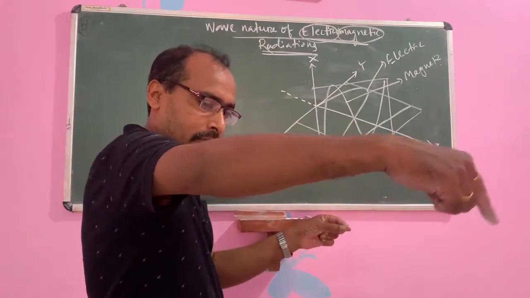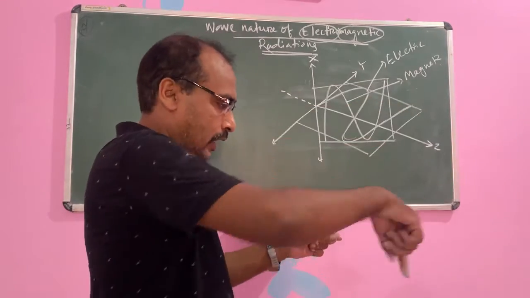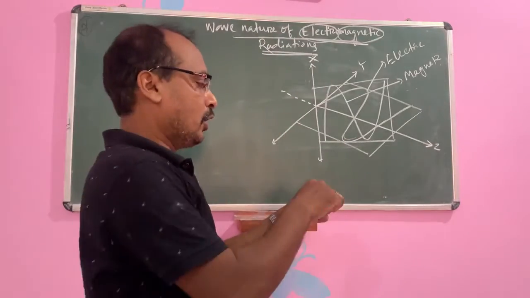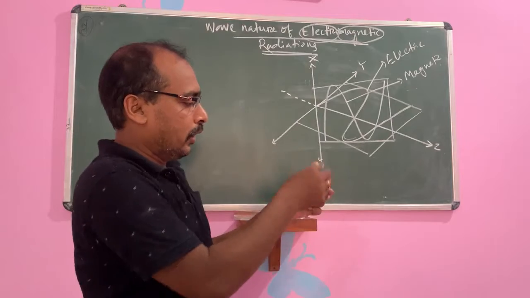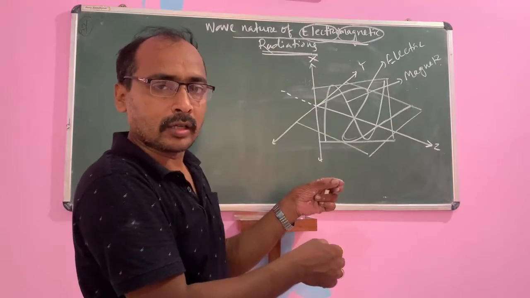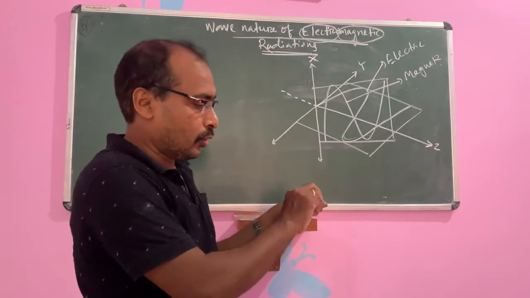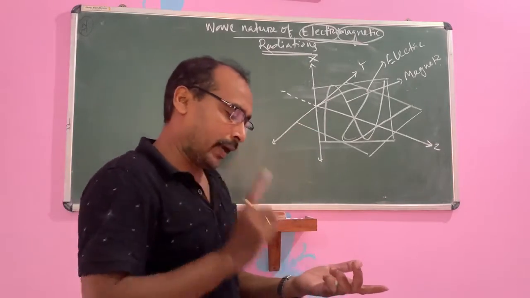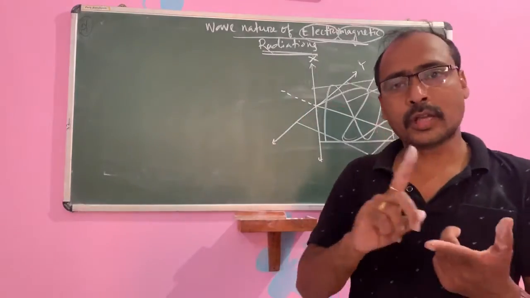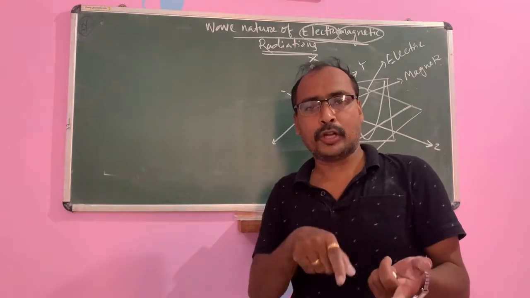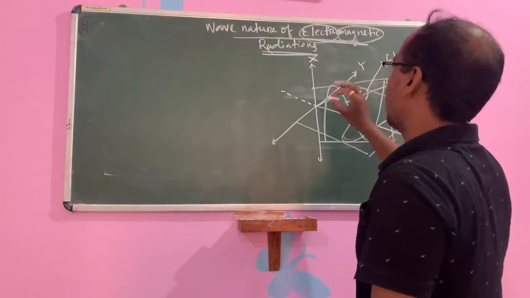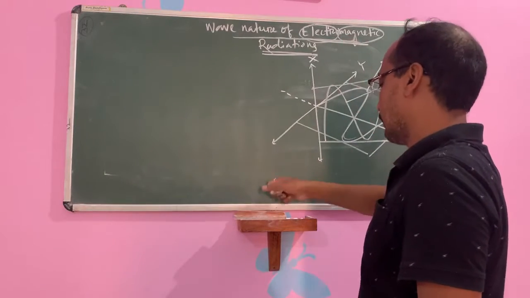It will go horizontally, and the magnetic field will go vertically. So the horizontal and vertical will cross at 90 degrees, or not? And the wave propagation, it will also cut at 90 degrees, or not? So magnetic and electric, both are perpendicular, and again these are perpendicular to the wave propagation. So that is known as electromagnetic radiation.